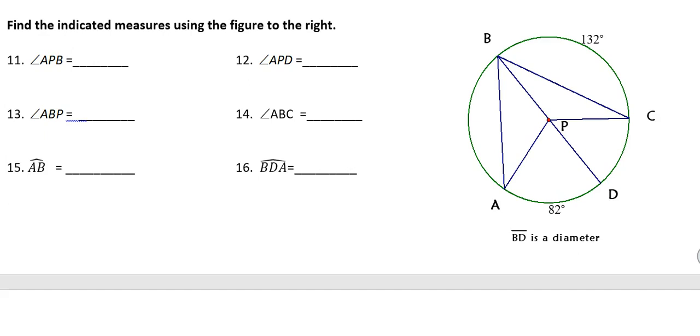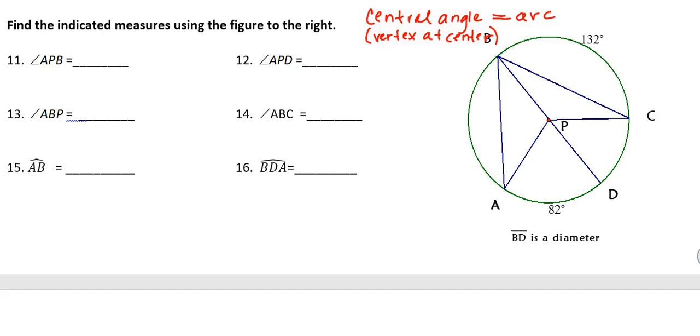So for this next set of problems, we're going to work through the drawing first, and then we will fill in the blanks. So a couple things I need to bring to y'all's attention. First of all, a central angle. Its vertex is at the center. And central angles equal our arcs.